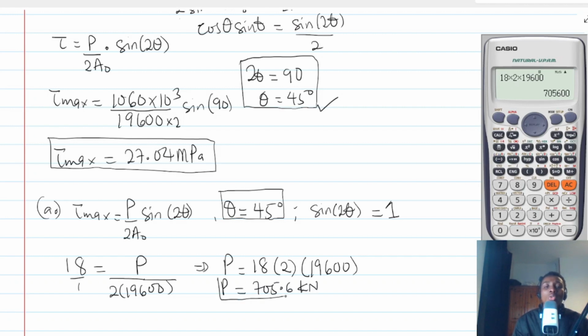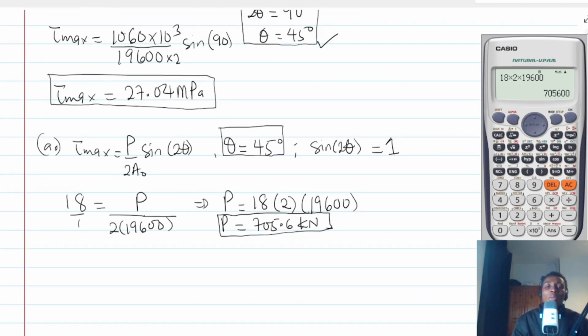In fact, this is the load. Okay, so we have solved the first part of the second problem.